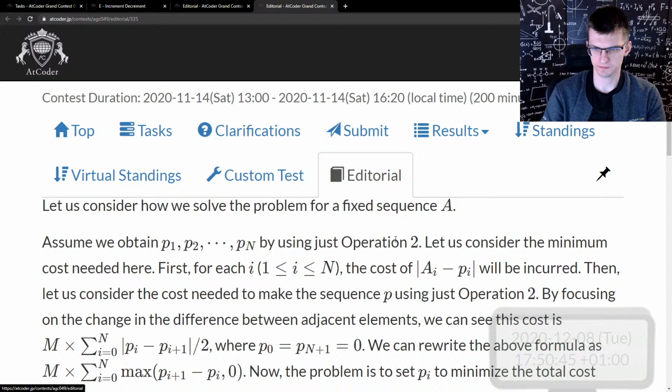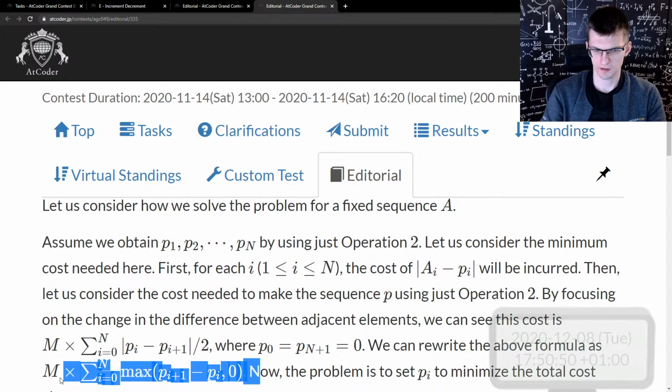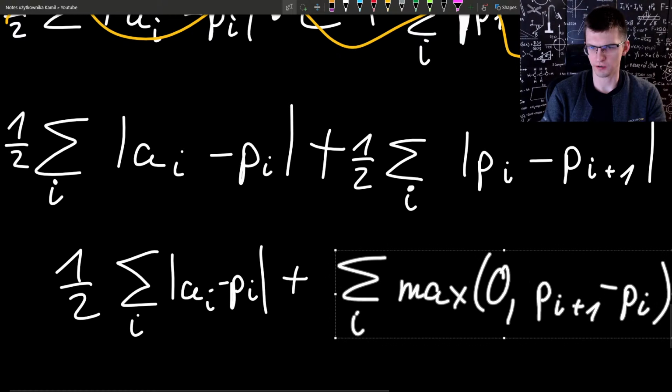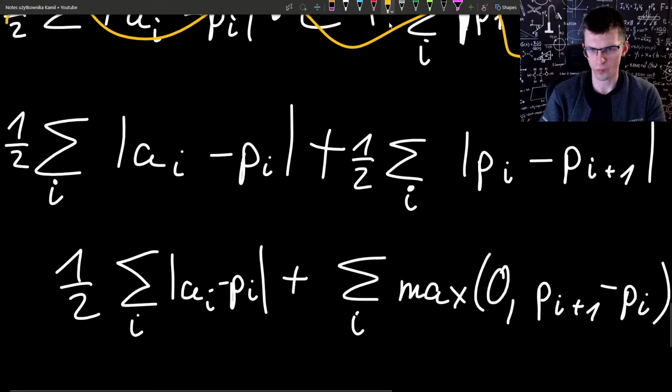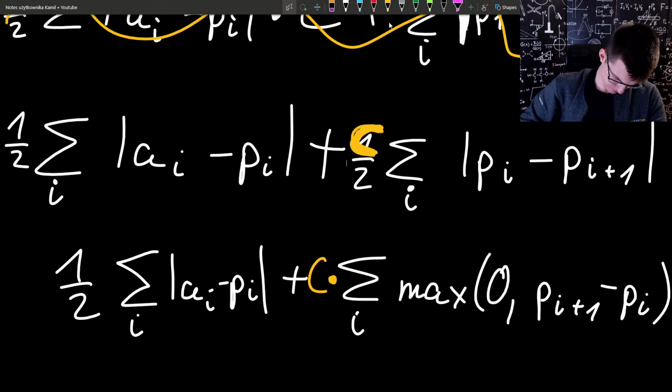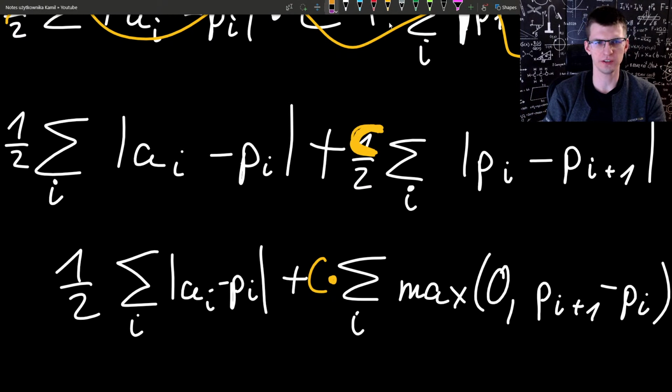Is it the same now? Here we agree. Oh, this is multiplied by C, because those are yellow operations. This was also C here. But they don't say anything about this half. Oh yeah, because why half? That's stupid. Just every difference we need to make up for. Yeah, sure. There is no half.